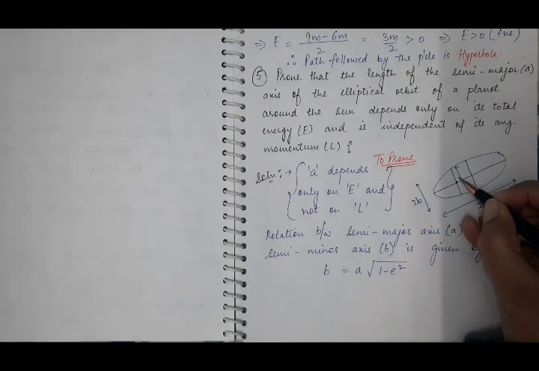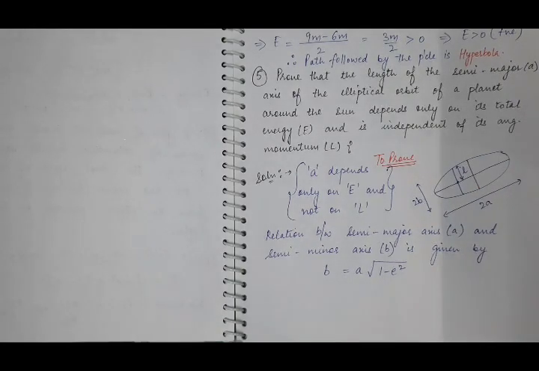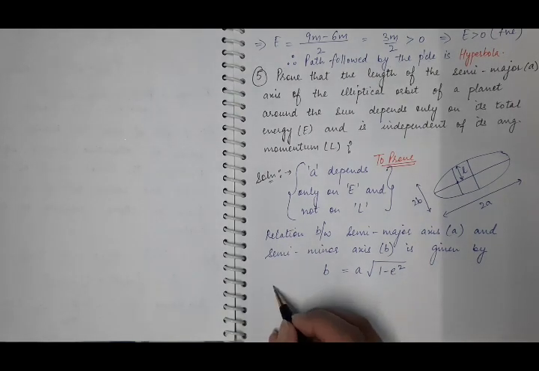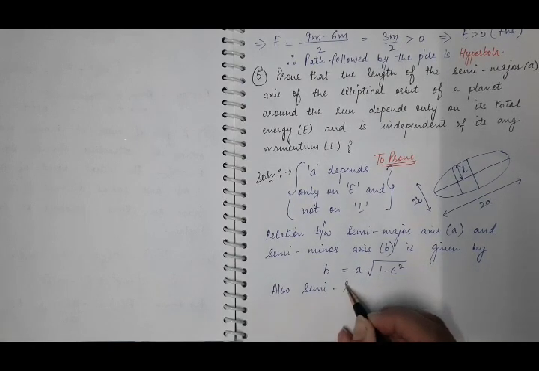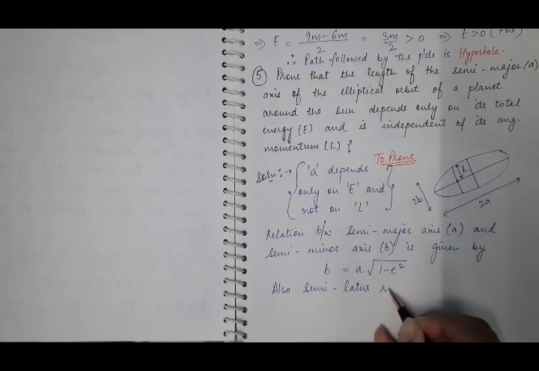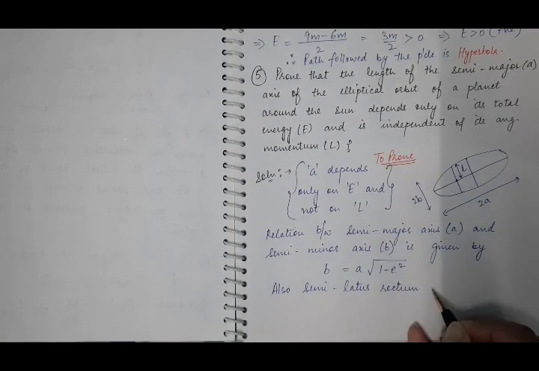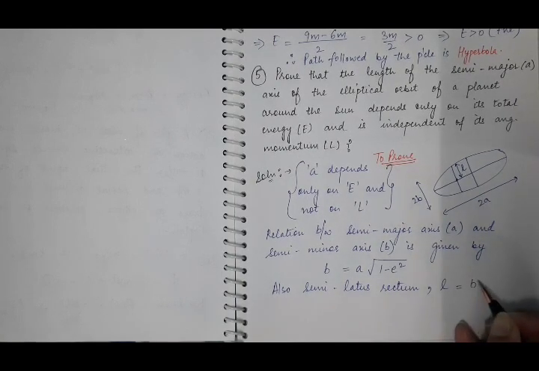It is 1/2 of the latus rectum and it is denoted by L. And this L is also related to the semi-major axis and semi-minor axis, and you have to also remember that expression. Also, the semi-latus rectum, that is L, is equal to B square by A.